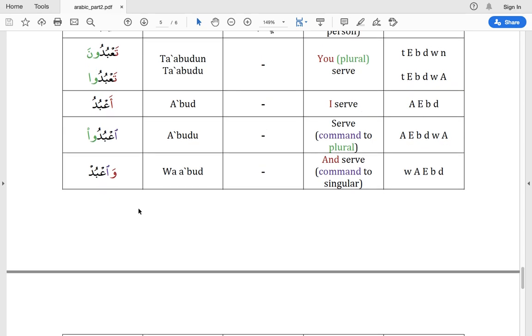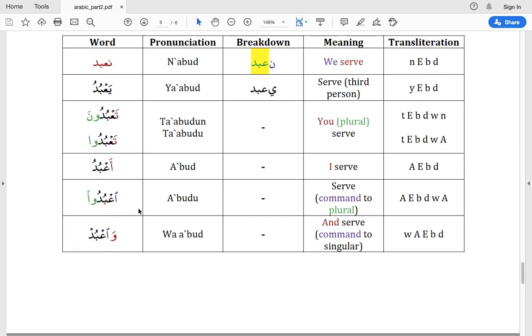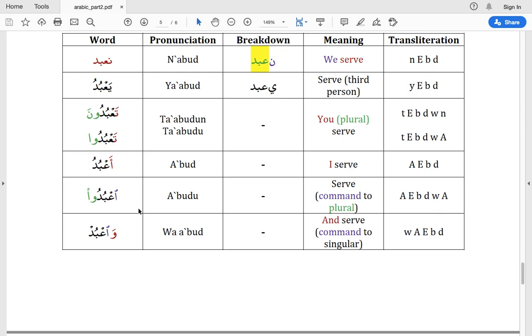So just to go back on this, I think this is an important part of the presentation. We have waw noon and waw alif, and they signify plurals. A ta at the beginning means it's a reference to you, as in a plural.